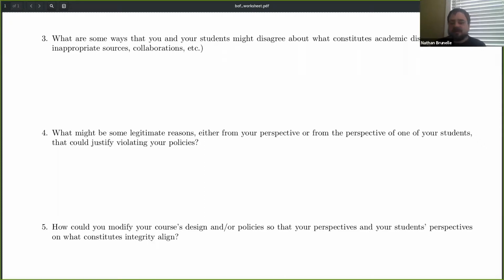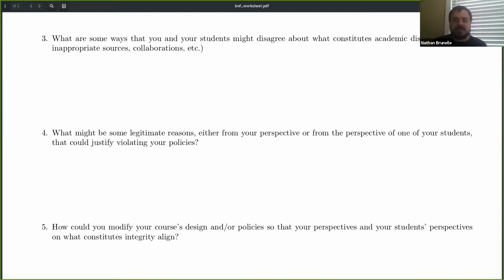So maybe some student was disadvantaged in some way, or for instance, maybe a prerequisite course didn't cover as much of some content as you might have hoped.